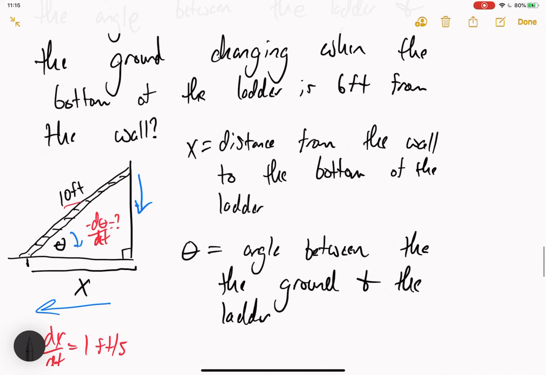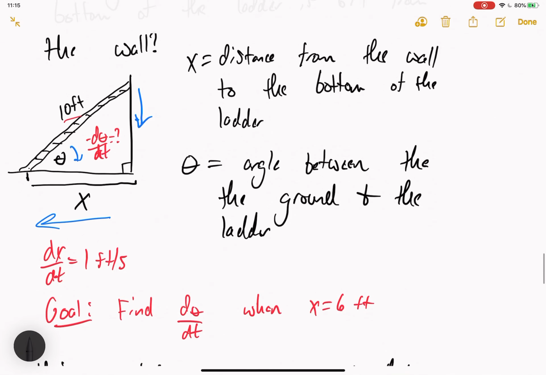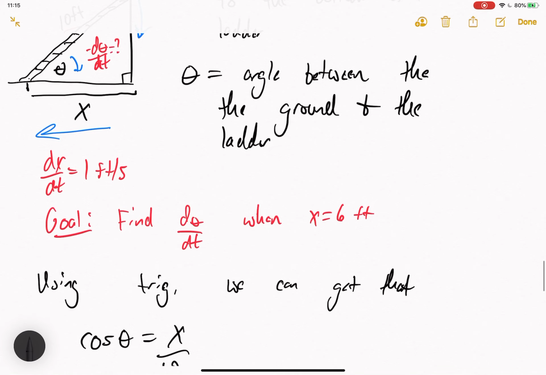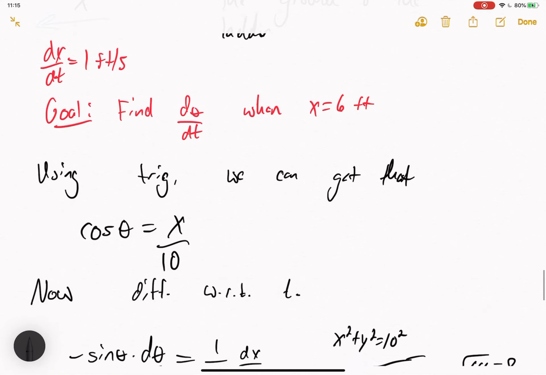So how does that falling away change the angle? Well, we use the distance from the wall to the ladder as x, and we set the angle equal to theta. We put that in terms of the equations that we know. So dx dt is equal to 1 foot per second because that's what is stated in the problem. Our goal was to find d theta dt whenever x is equal to 6 feet.